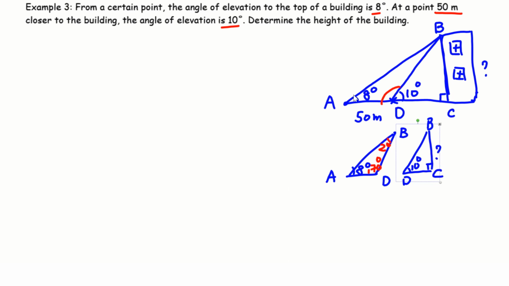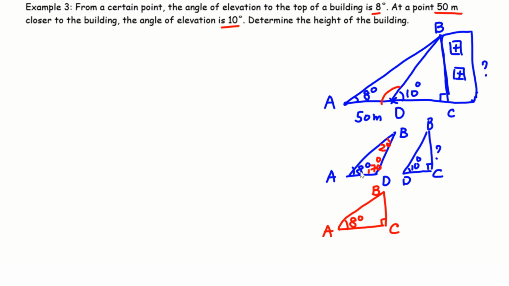And also we have another bigger right angle triangle that shares the same side AB. So another triangle has 8 degrees here. A, B is the common side. Then this is 90 degrees. So we have 3 triangles here.